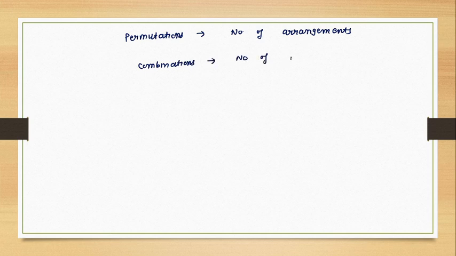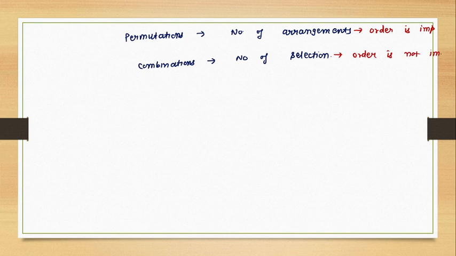Number of selections means you have to select 2 players out of 3 players, but the order in which you select these 2 players is not important. In permutation, order is important, and in combination, order is not important.